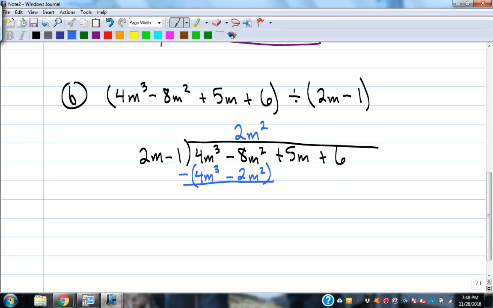Okay? What happens to the 4m cubes? They cancel each other out. Minus 6m squared, because negative 8 minus negative 2 is negative 6. Good job. Pull down the plus 5m.